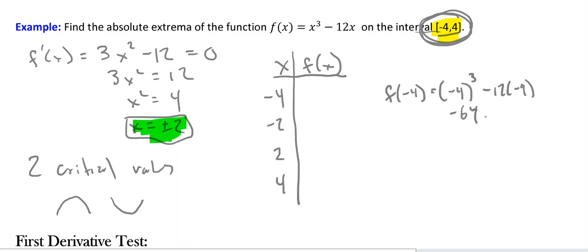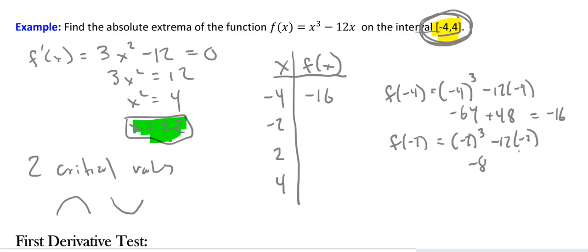So that is negative 16. At negative 2, f of negative 2 is negative 2 cubed minus 12 times negative 2. Negative 2 cubed is negative 8, and negative 12 times negative 2 is positive 24. So this is positive 16.